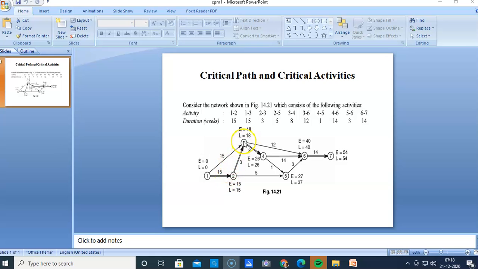And then from here we go here, and from here we go here. So 15 minus 15, 0, and 18 minus 15, 3. The minimum of 3 and 0 is 0. So the latest finish time for this is 0. So that's how we find out the earliest start times and latest finish times for different nodes or activities.